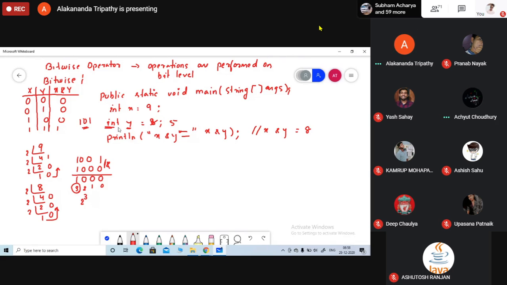What is the data type of it? Integer. How many bits is an integer? 4 bytes, or 32 bits. So it will be internally stored in this manner. I am just showing you how it is being stored internally.